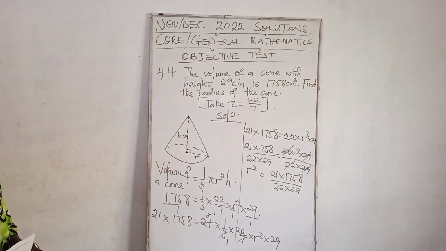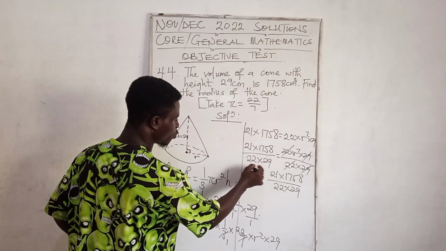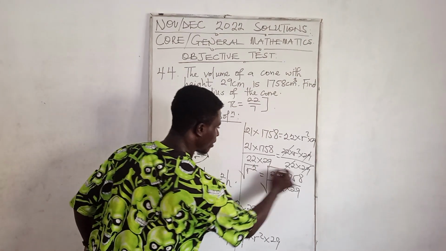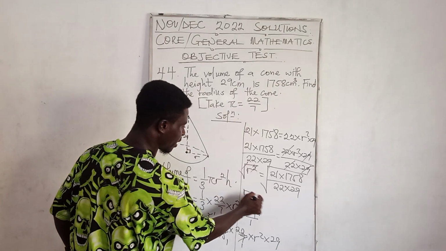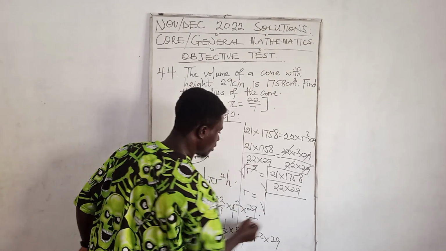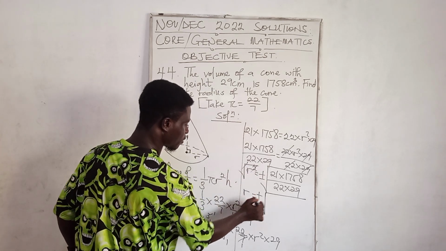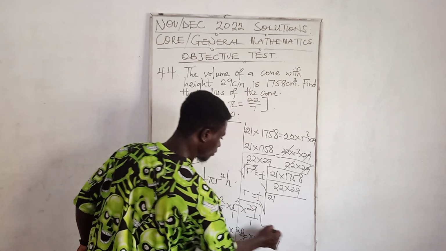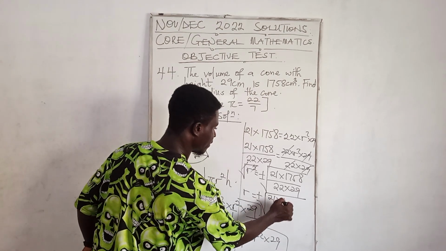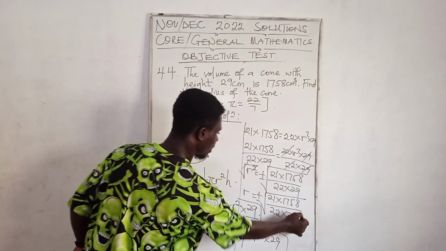Now, what can we do? We can take square root on both sides. So we square here, then we square there, right? So this one cancels. Then I get my r equals square root. Then square root, when it's coming, it brings what? Plus or minus. So I have 21 times 1758 over 22 times 29.